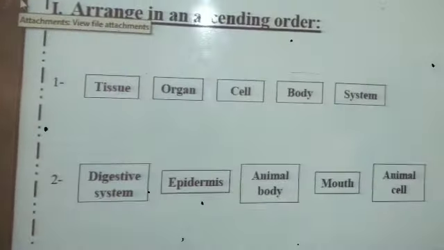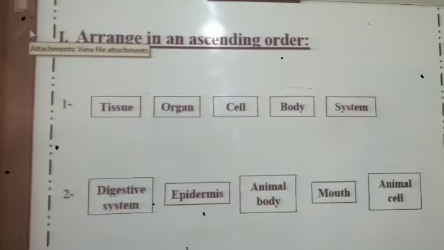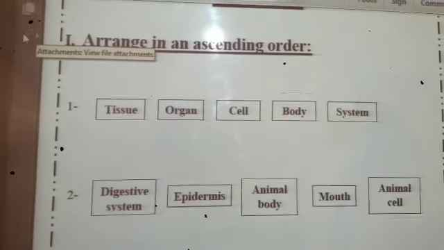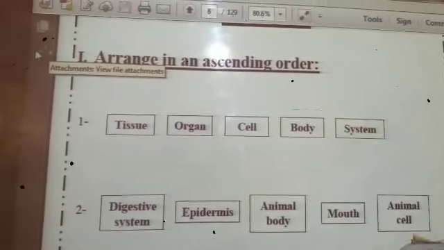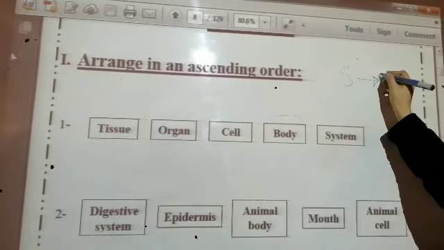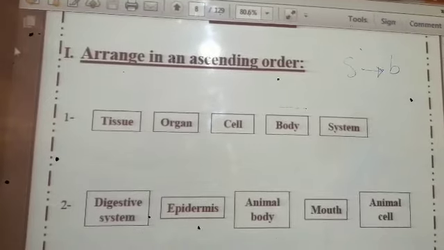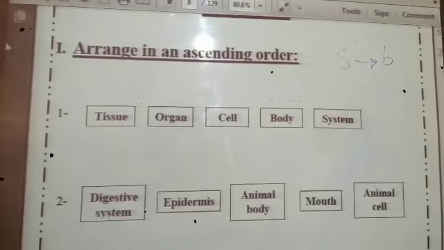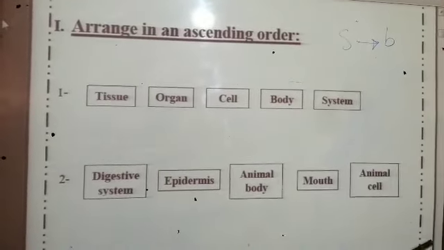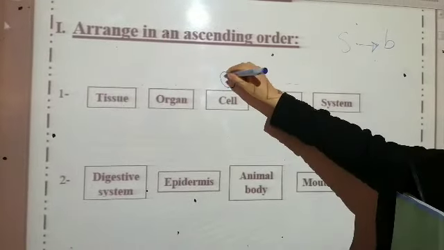Here in this page, I want you to arrange in an ascending order. Ascending means from the smallest part to the biggest part. So what is the smallest part inside any living organism's body? The smallest part will be the cell. So this is number 1.